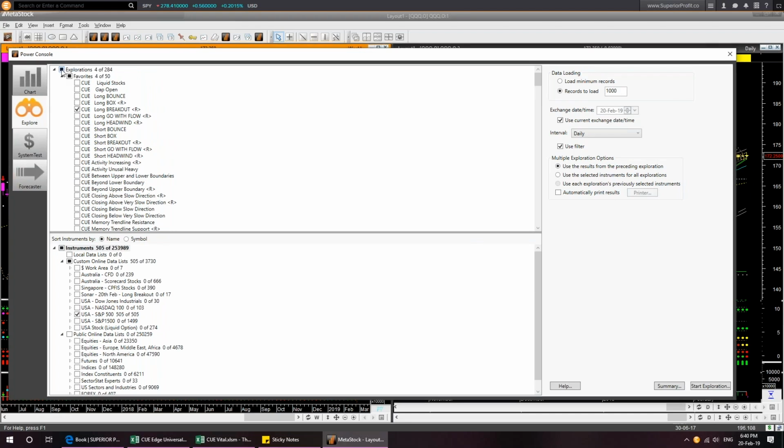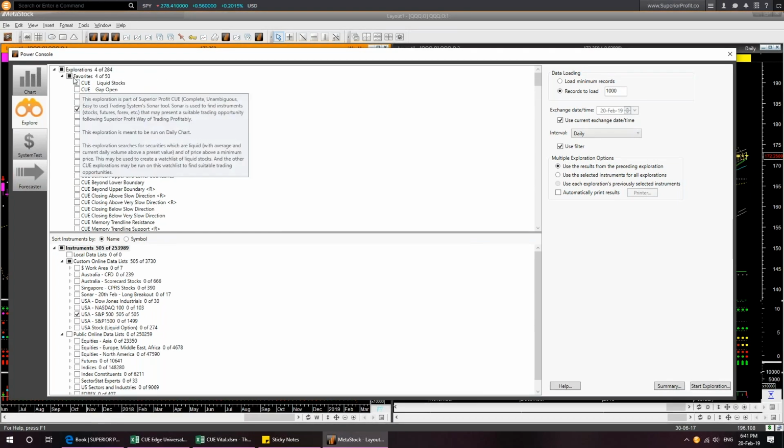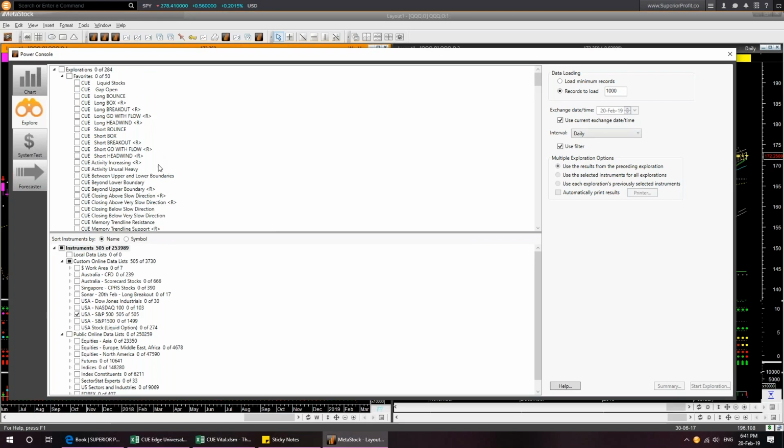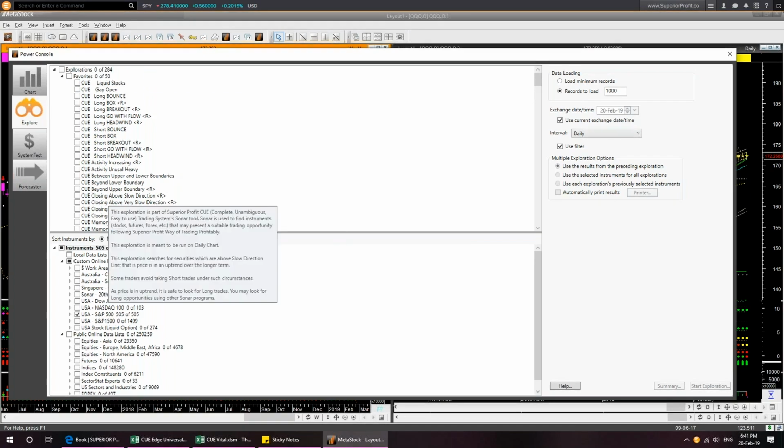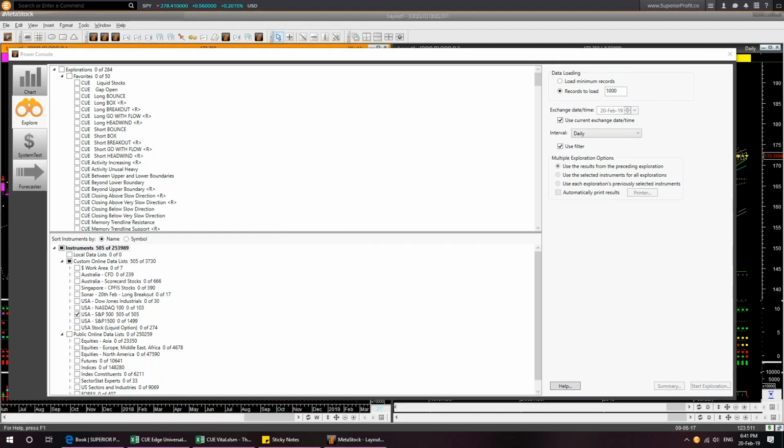I will go to my Explorer favorites, deselect everything. Let me see what I'm going to show. I'm going to now look for stocks that are in confirmed uptrend.